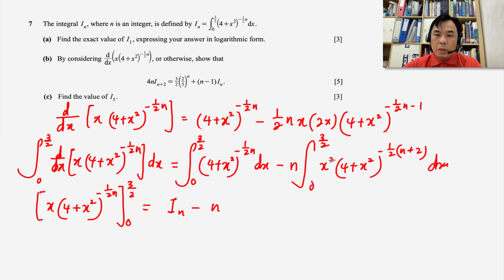This part here we can rewrite. I noticed that there's an x squared, so you can purposely write down x squared plus 4 minus 4, or I can say 4 plus x squared minus 4, like this.